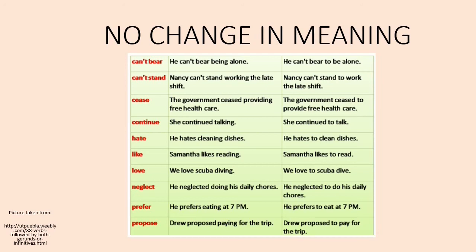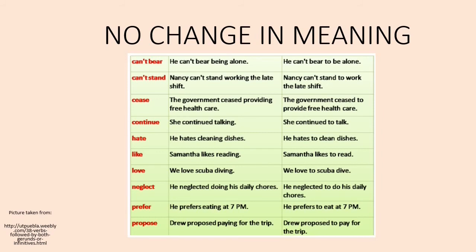For example, he can't bear being alone. He can't bear to be alone. Simply means that he doesn't like to be alone. Nancy can't stand working the late shift. Nancy can't stand to work the late shift. Mean completely the same, both sentences.